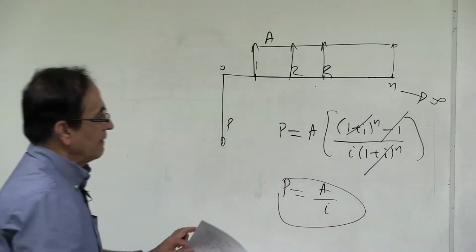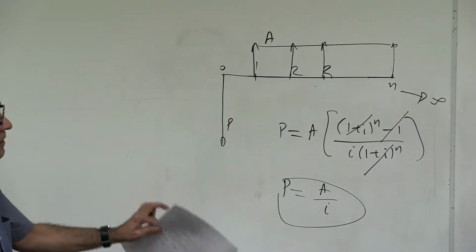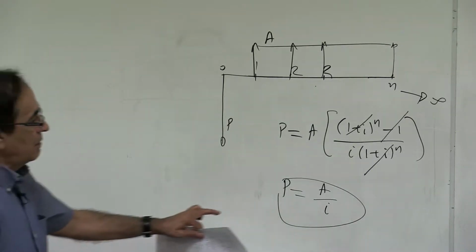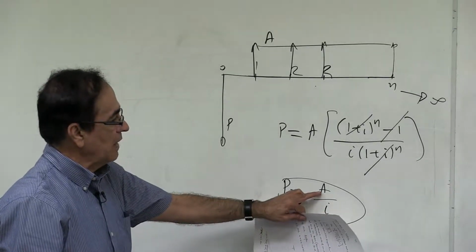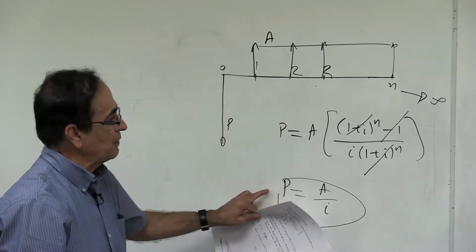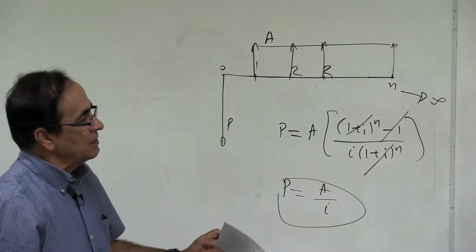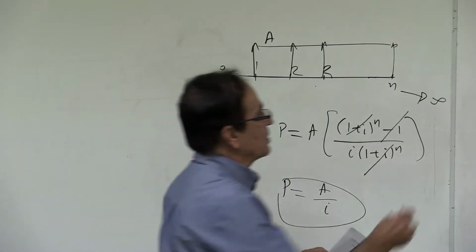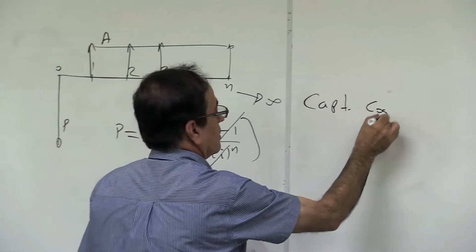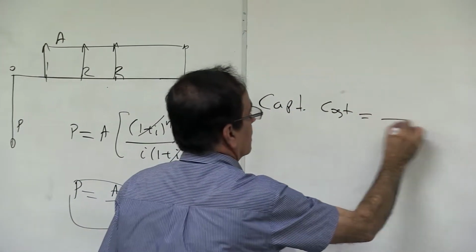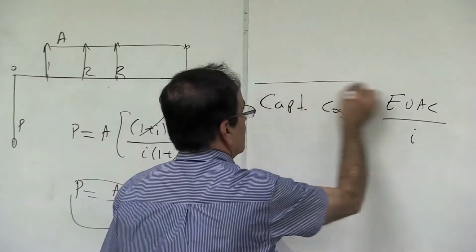So basically, that's what we're going to do when the life of the equipment or alternative goes to infinity. We're going to use the equation P equals A over i, where A is your annual cost divided by the interest rate, which gives you the P value. Under this method, we're going to call this the capitalized cost method, which is equal to the annual cost for the alternative over the interest rate.